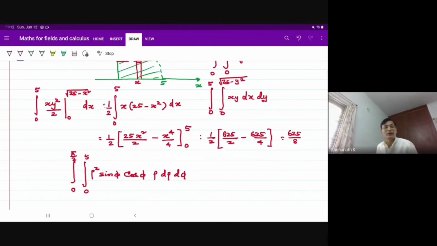Correct? Because it is only one quadrant.